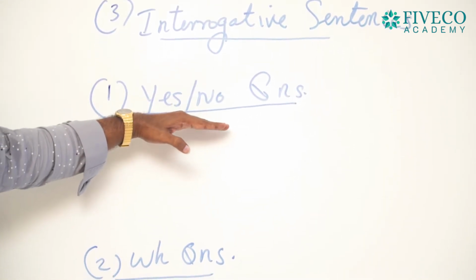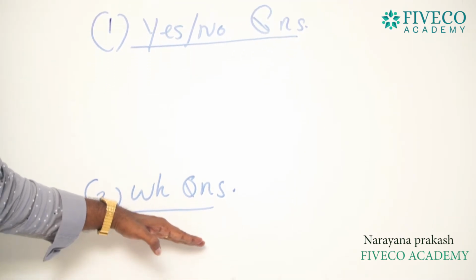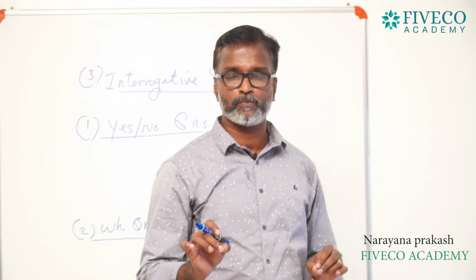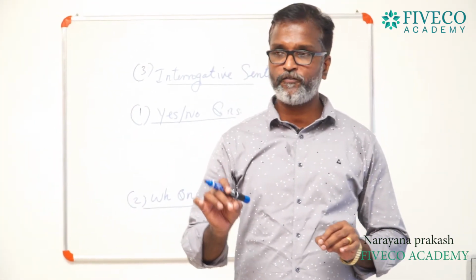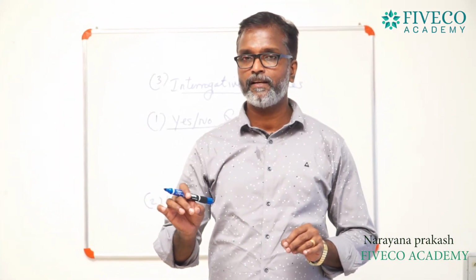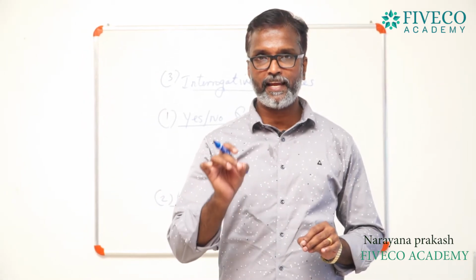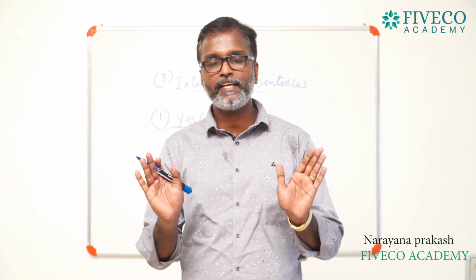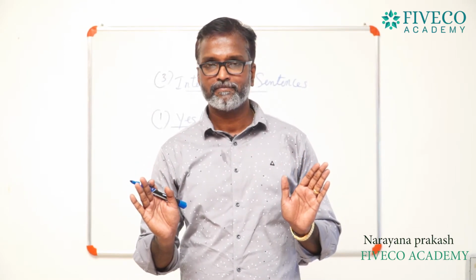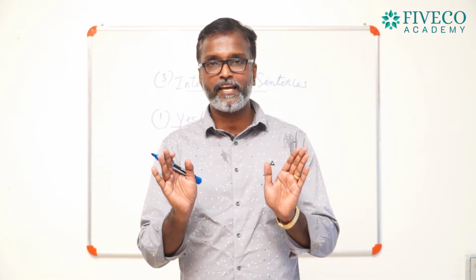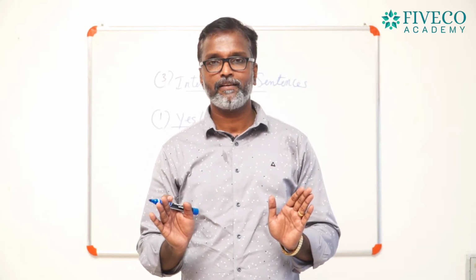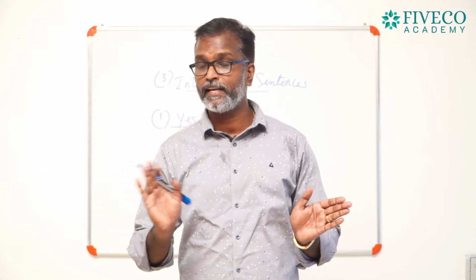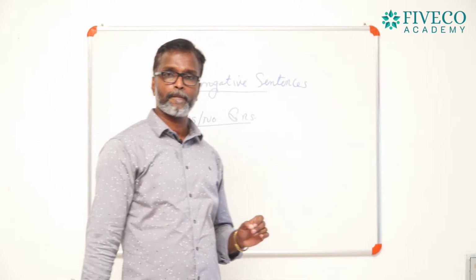One is the yes or no question and the other is the WH question. And what is the difference between the two? If you ask a yes or no question, you will get the answer either yes or no. You will never get any answer in detail. You will never get the answer in detail.